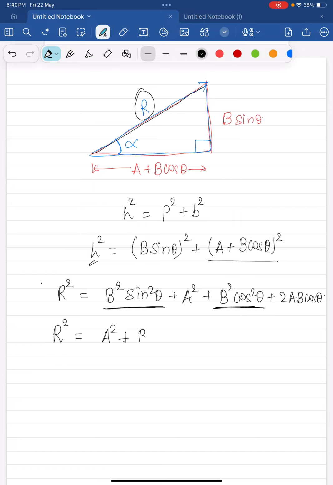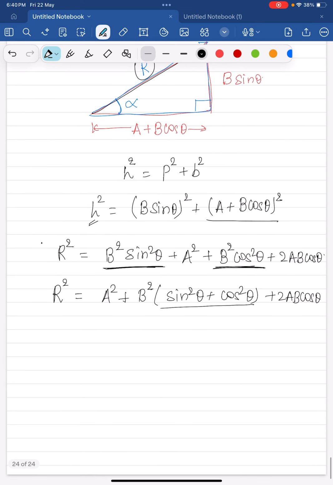So b square will be common and it will be sin square theta plus cos square theta, plus 2ab cos theta. And we know that sin square theta plus cos square theta is 1. So we can write here r square will be equal to a square plus b square plus 2ab cos theta.